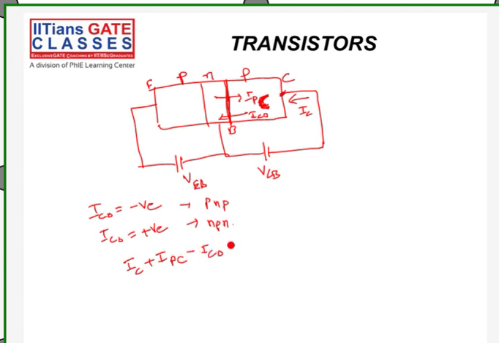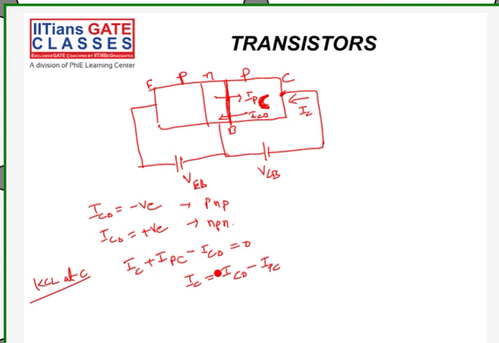This is moving away from the junction, that is equal to 0. KCL at C: IC plus IPC minus ICO equals 0. From here I can write IC is equal to ICO minus IPC. That is the collector current.